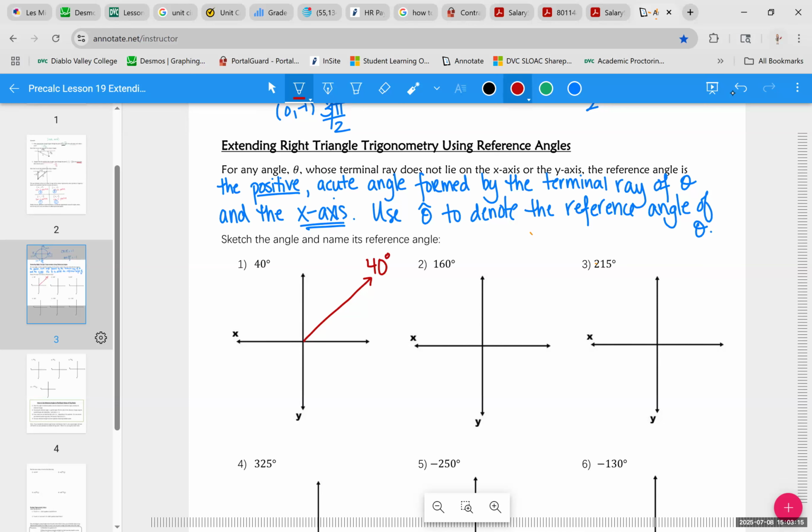And its reference angle, we would need to find the angle that goes between its terminal ray and the x-axis. Well, that's just right here. In fact, so I'll label it theta hat. Theta hat is equal to theta in this case, right? In fact, any first quadrant angle, its reference angle will just be itself. So theta hat equals 40 degrees in this case.